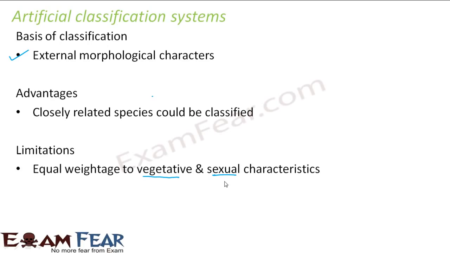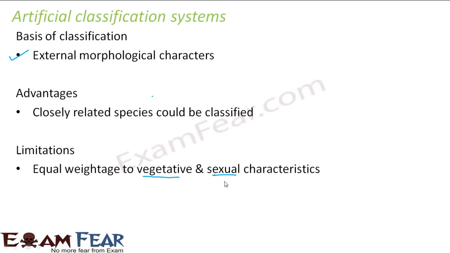Vegetative characteristics are the somatic characteristics or somatic structures of plants, that means the structures of the plant body. Examples of vegetative characters would be the root system of the plant, the shoot system, that is the stem, and the leaves of the plant. They are all vegetative characters.